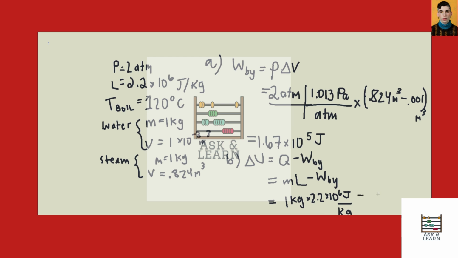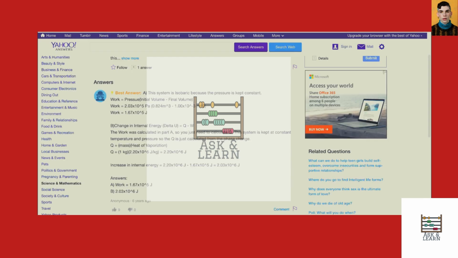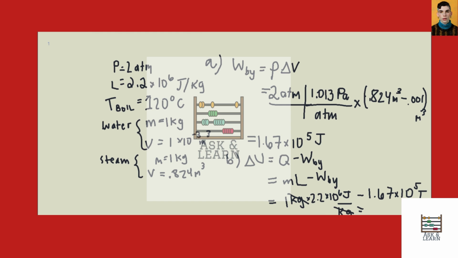And then we just want to subtract what we found in part A, that the work done by the gas is 1.67 times 10 to the 5 joules. Our kilograms cancel. And if you plug that into a calculator, you get 2.03 times 10 to the 6 joules.